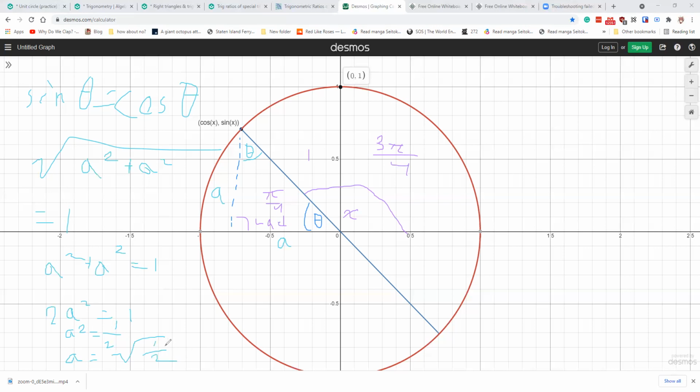This is the same thing as saying the square root of 1 over the square root of 2. And since the square root of 1 is 1, this becomes just a is equal to 1 over square root of 2. So both these sides are equal in length to 1 over square root of 2.